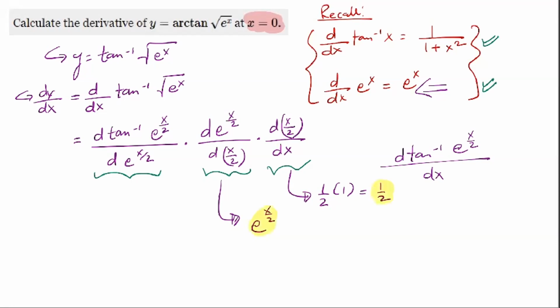So let's do the first part. What is the derivative of tan inverse of some function with respect to that? That is also straightforward. We could use this formula. It will be 1 over 1 plus x squared, which in this case is e to the power x over 2 squared, correct?